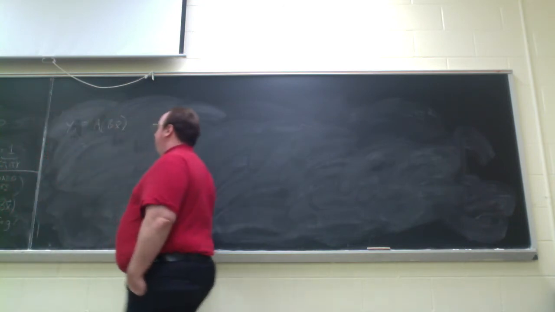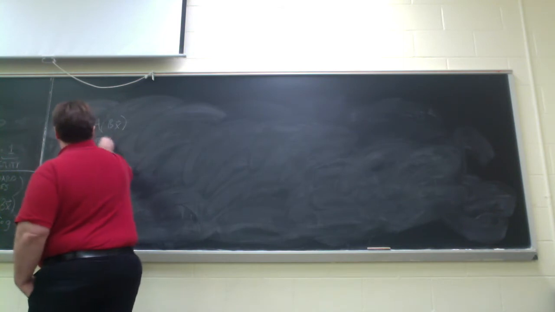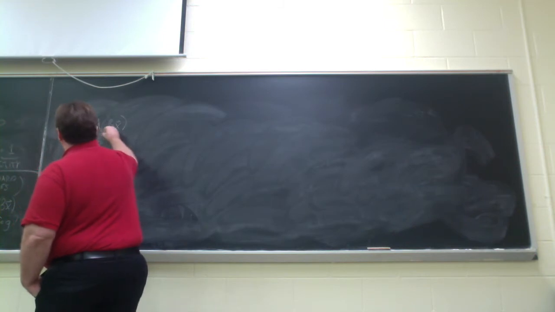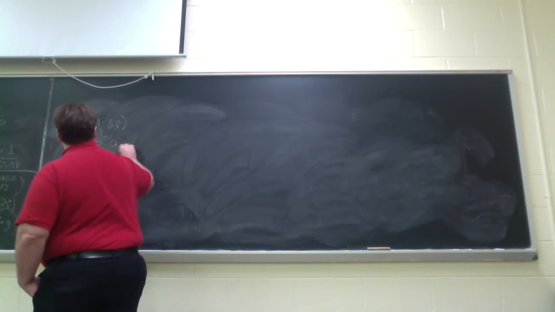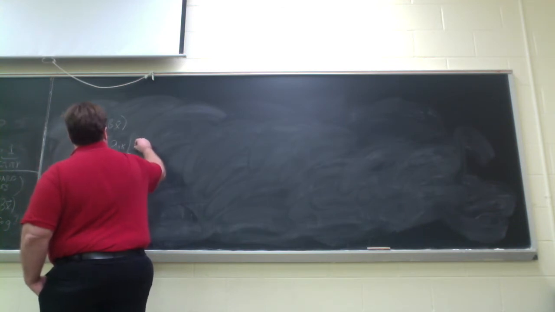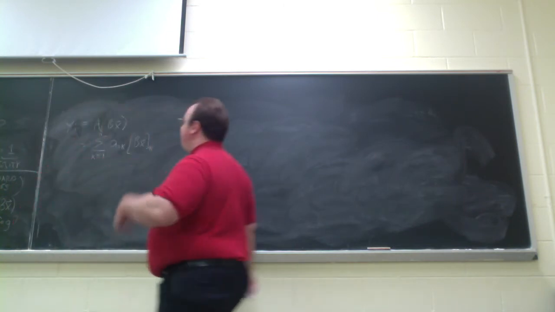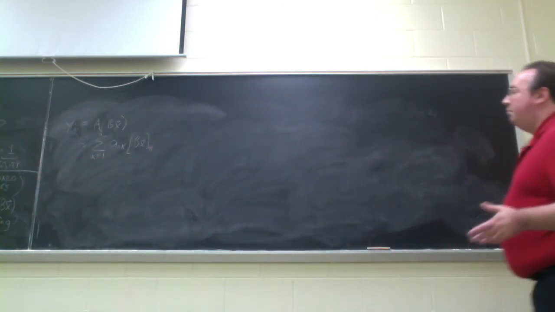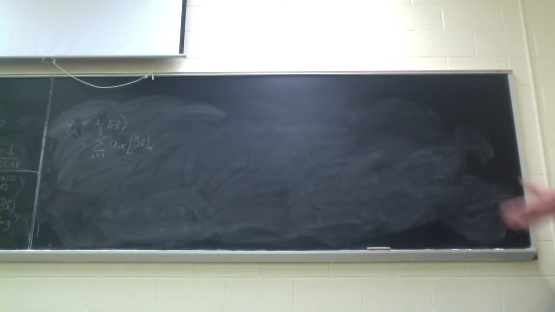So using the formula for matrix vector multiplication applied to A, that would be a sum for k equals 1 to n of a_ik times the kth component of the vector I'm multiplying by, but that vector is B times x.